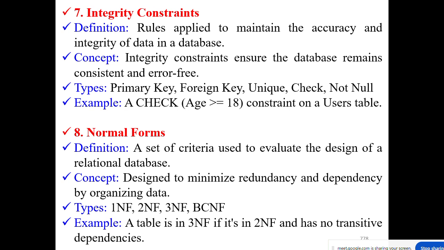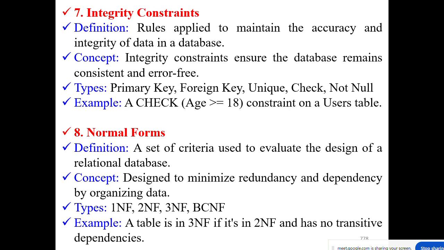A set of criteria used to evaluate the design of a relational database. There we get confusion, and to avoid that confusion, we use these normal forms. That's why we use concepts like design to minimize redundancy. What is meant by redundancy? Repeated data.